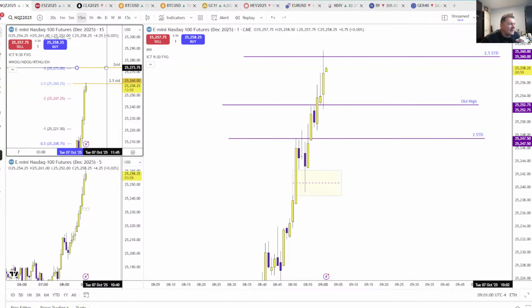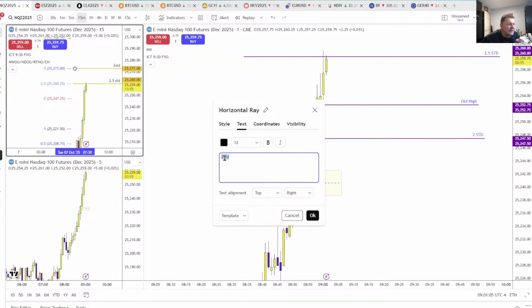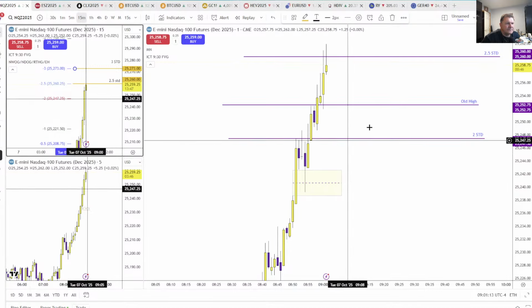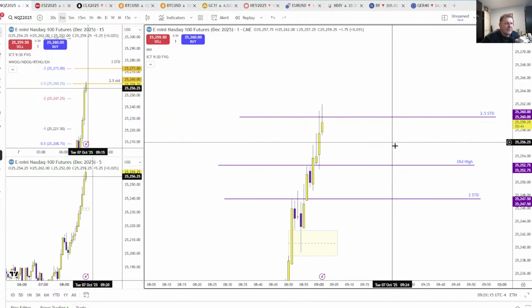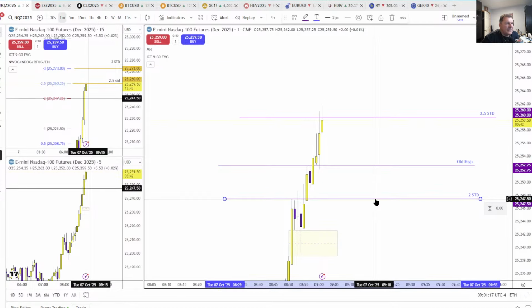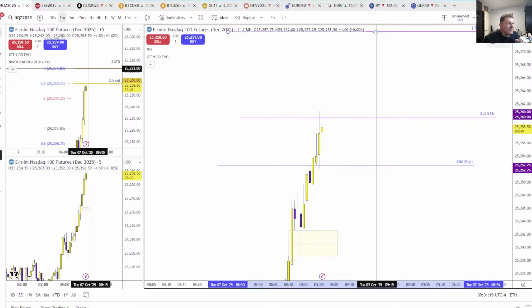Now the next level above that is our 3 standard deviations. And that will be right there.